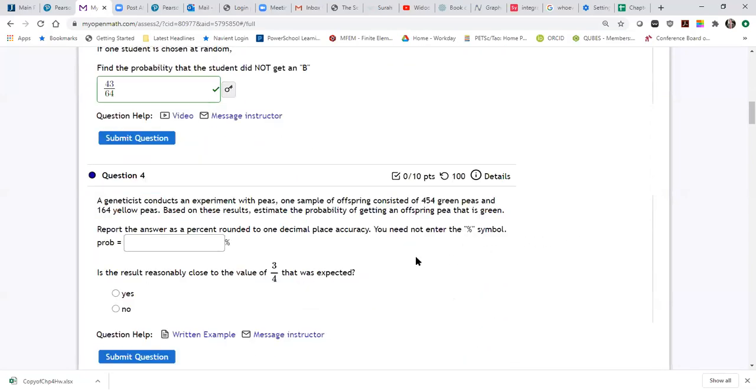Okay, so now what about this one? Yeah, it's also the same thing, right? But now you need to solve it in percent. So you need to use the calculator.